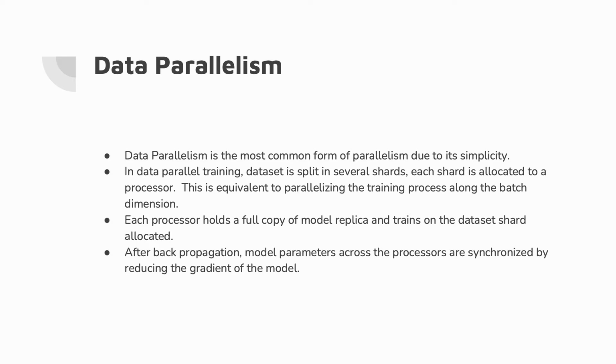Data parallelism is one of the most common forms of parallelism due to its simplicity. In data parallel training, a data set is split into several chunks and each chunk is allocated to a single processor, which is equivalent to parallelizing the training process along the batch dimension.